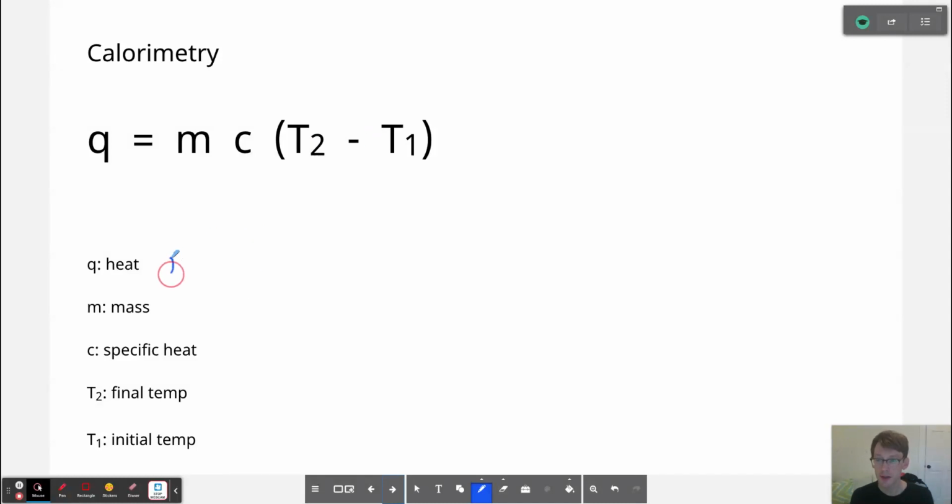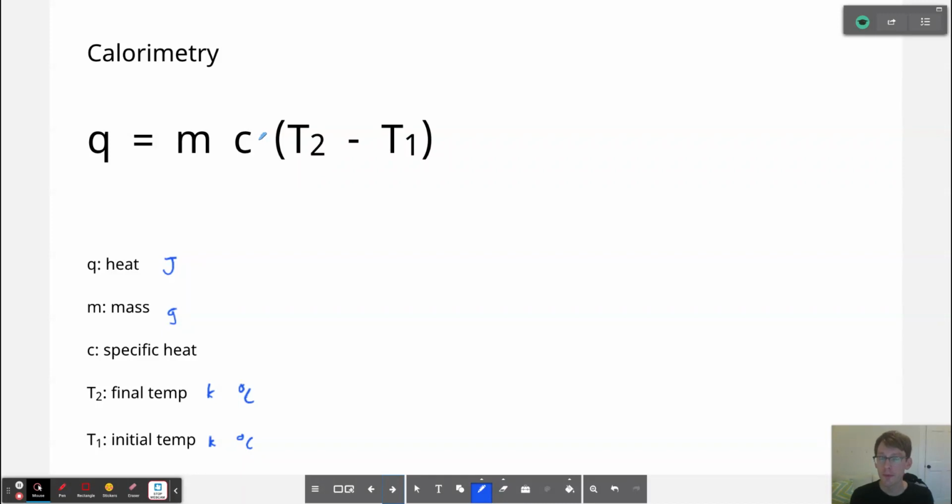Now, heat is measured in joules. Mass is measured in grams. The temperatures, we can say kelvins, or we could also say degrees Celsius. Either is fine. But the specific heat, what is specific heat? This is an intensive property of a substance. And this is where we're factoring in, again, that some objects may be a little bit easier to change the temperature of just based on the material that they are.